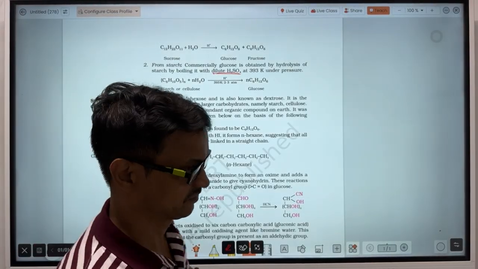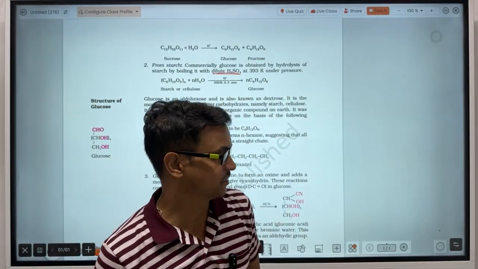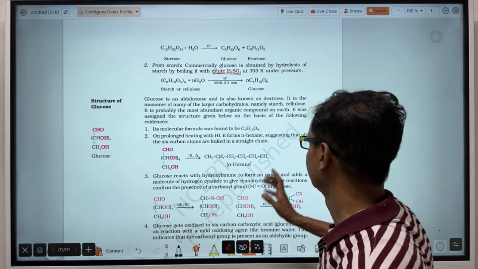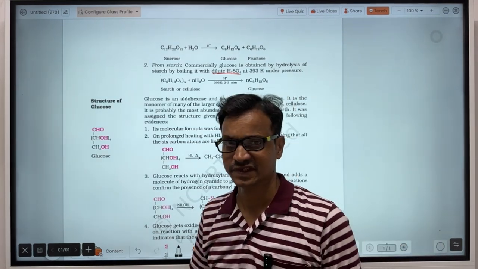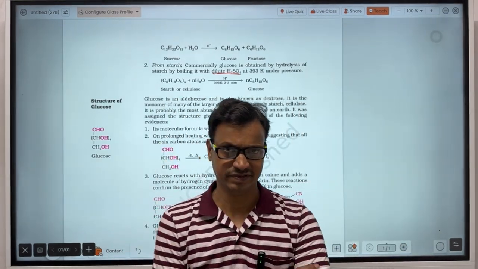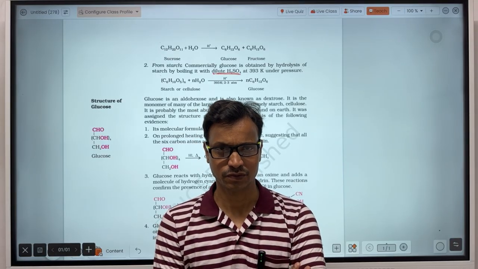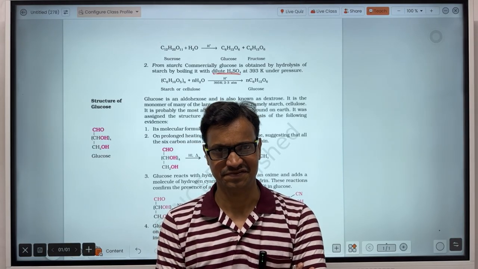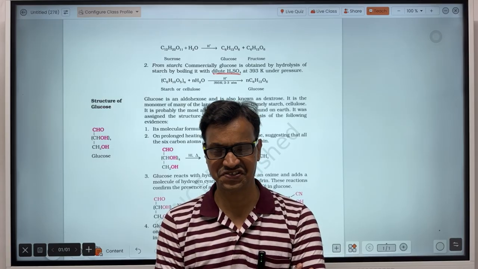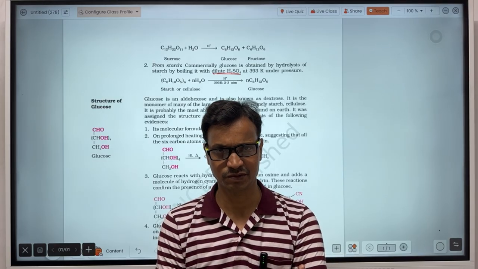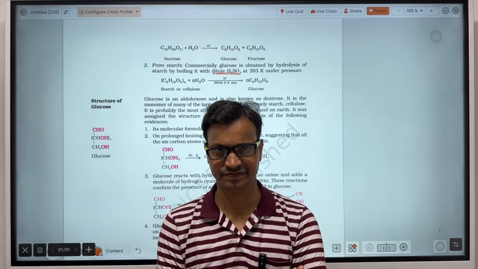Second one is, what is the structure of glucose? Now we will discuss the structure of glucose. Some phenomena indicate that glucose has an open structure, and that's why the open chain form of structure of glucose has been proposed.